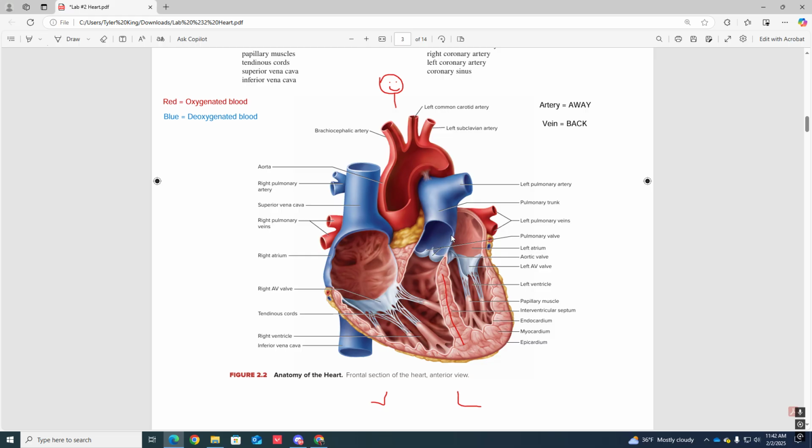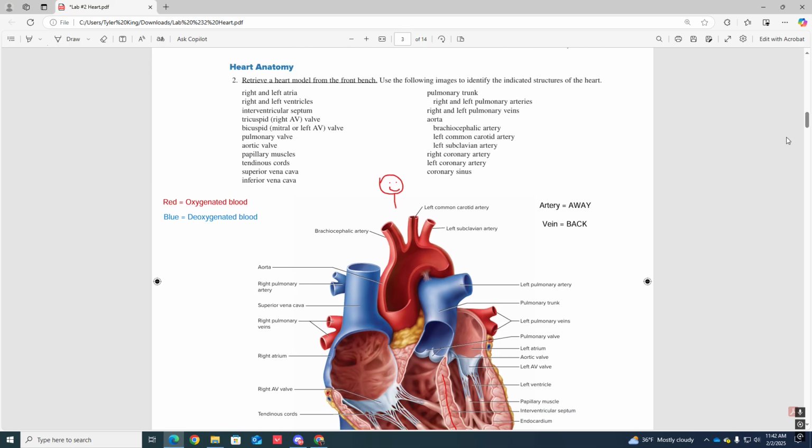It's the bigger of the pulmonary vessels. That is where deoxygenated blood gets shipped off to the lungs, because pulmonary means lungs, to be reoxygenated. So blood gets shipped off to the lungs, and it has to come back.